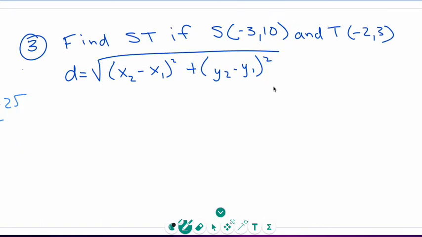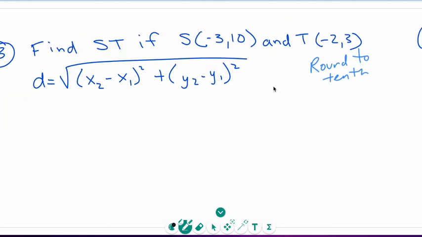We're going to now use our distance formula to find ST, and we are going to round to the 10th. So we're going to go ahead and label our ordered pairs. We have x1, y1, x2, y2.